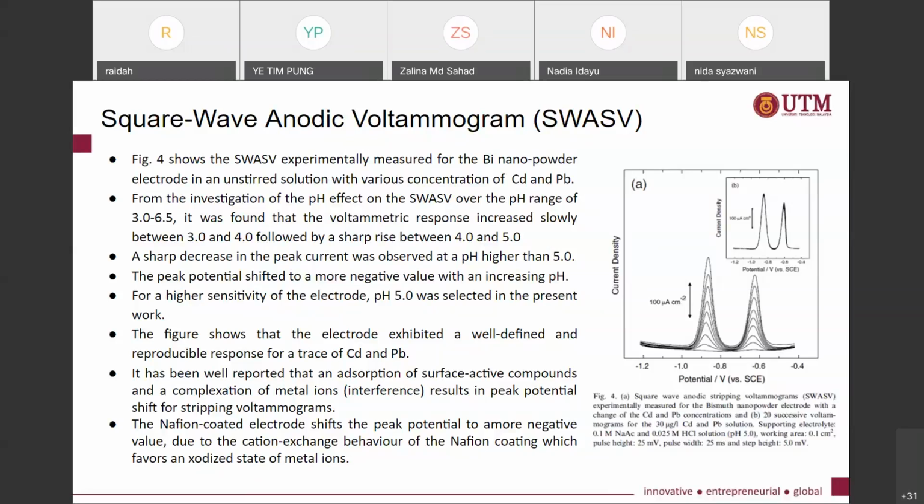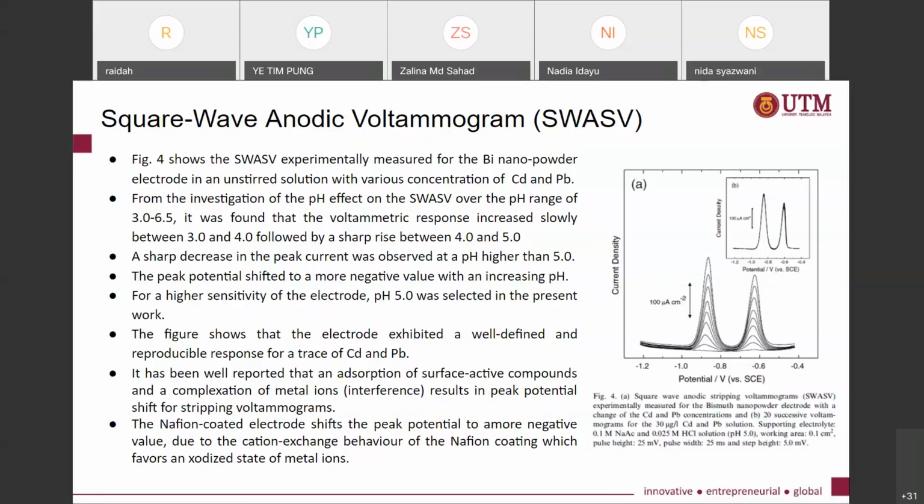The peaks which appear at negative 0.87 and negative 0.63 volt versus SCE, as shown in the smaller image, are closely related to the oxidation of cadmium and lead respectively. It was also noticeable that the peak intensity increased with increasing concentration of cadmium and lead.